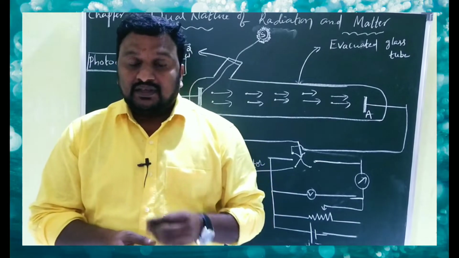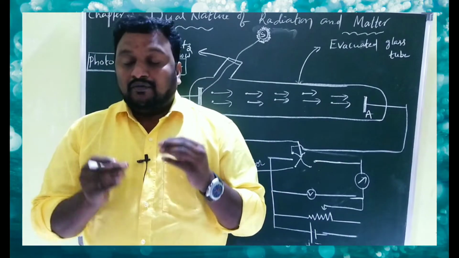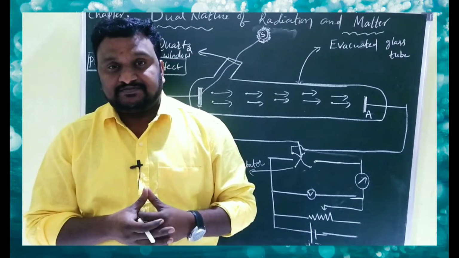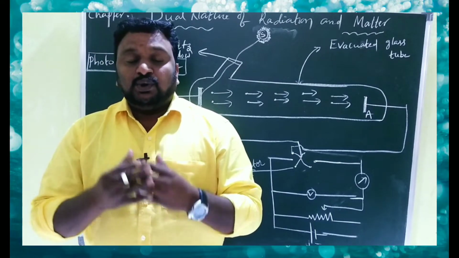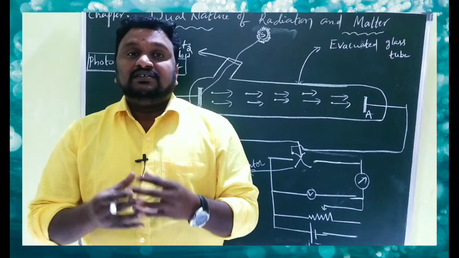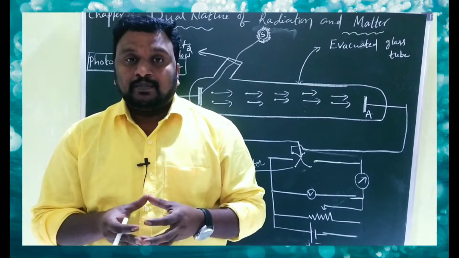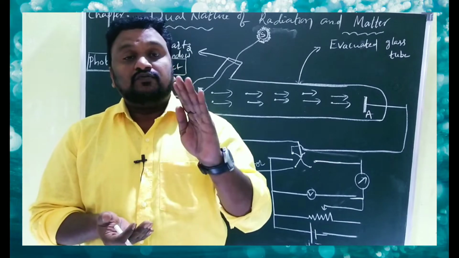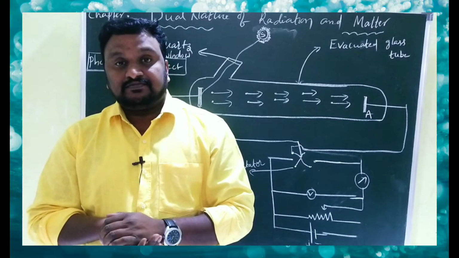And children, here we know that an atom consists of electrons. Some of those electrons are close to the nucleus and some are far away from the nucleus.